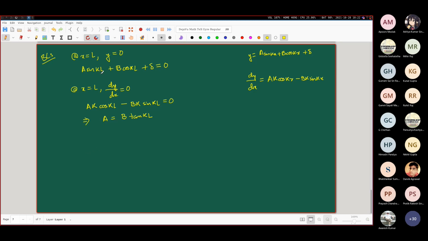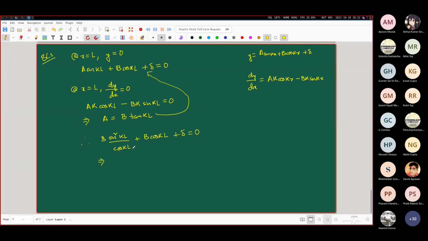So let's go back to this equation. If you substitute a is equal to b tan kl, what you're going to obtain is b sine square kl divided by cos kl plus b cos kl plus delta equal to 0.